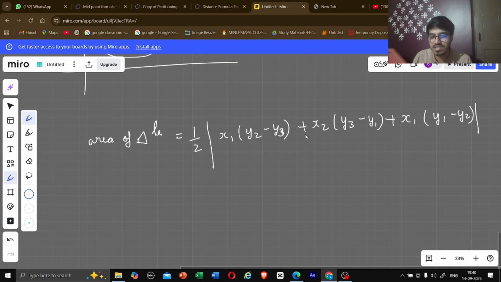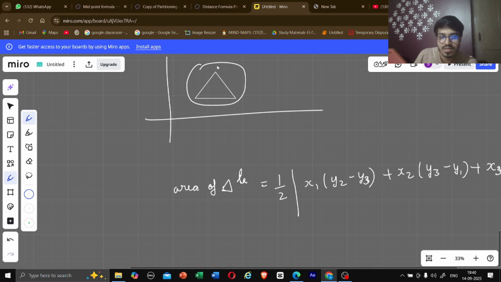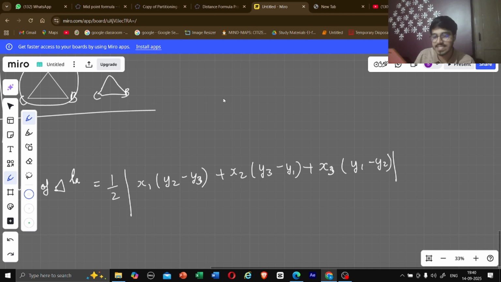So what are these x1, x2, x3, y1, y2, y3? These are nothing but the coordinates of the vertices of this triangle, A, B, and C. This is a triangle, right? We'll take an example.